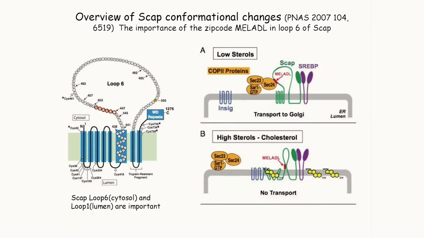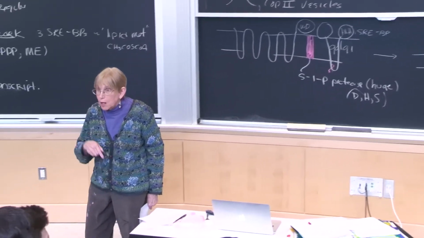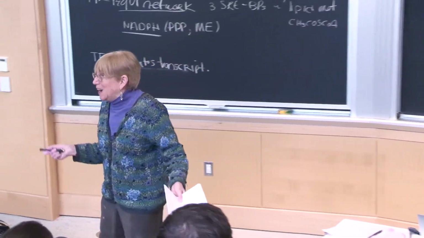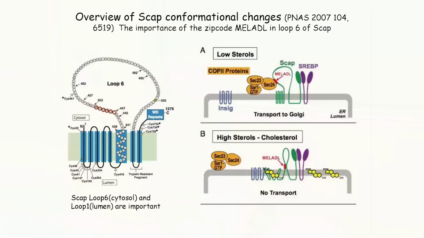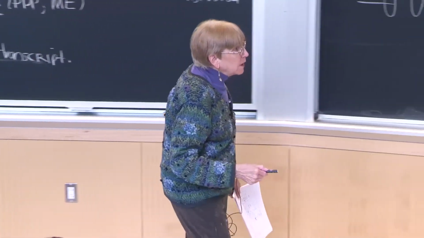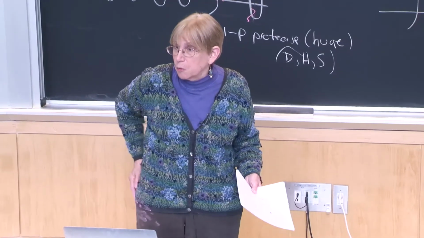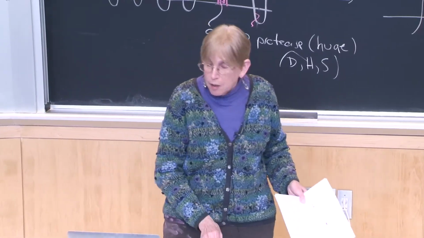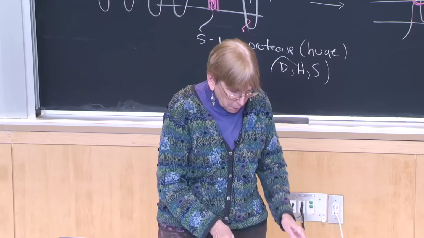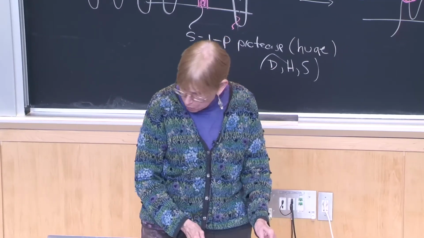Okay, and so problem set 7 is focused on how do you know that this little loop here, and this little zip code plays a key role in this whole process of moving from the ER into the Golgi, okay? And we'll come back and talk about this briefly. We're not going to talk in detail about the experiments, and then we're going to move on and look at the post-transcriptional regulation of cholesterol homeostasis.